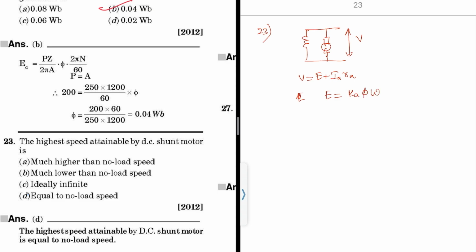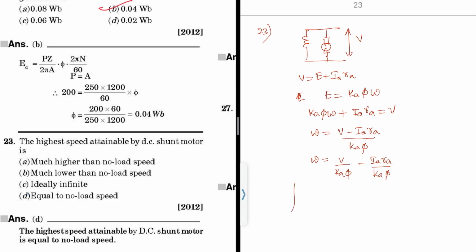So Ka phi into omega plus Ia Ra equals V. I want to write omega equals V minus Ia Ra by Ka phi, so omega equals V by Ka phi minus Ia Ra by Ka phi.